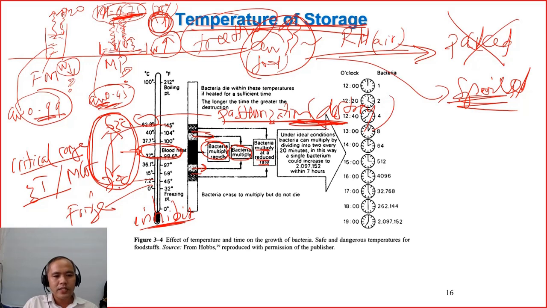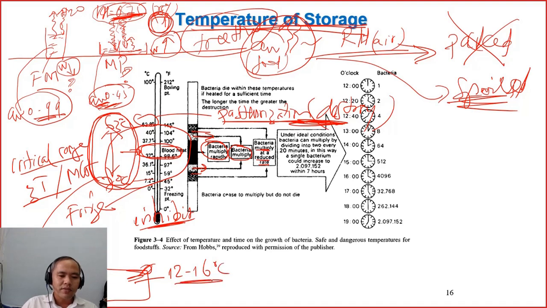This range is the critical range, especially during processing. You should not let your food material stay a long time in this range. So if you visit some factory, you will see that the processing room has an air conditioner and they control the temperature from 12 to 16 degrees C. So during the processing time, microorganisms will not grow very fast.